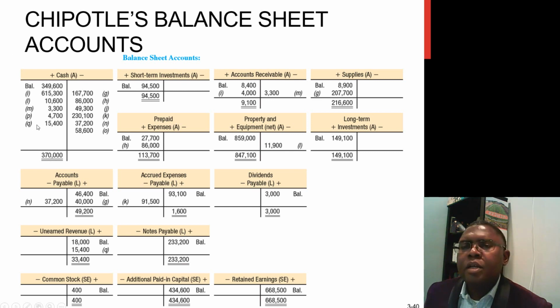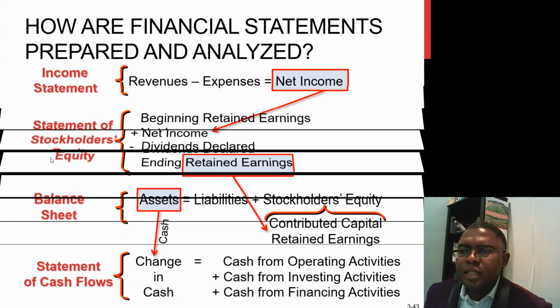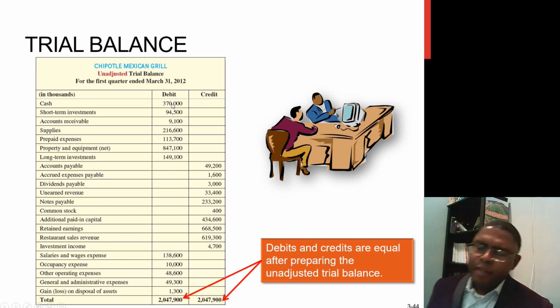So when we move this to the trial balance, under cash, we are going to put it on the debit side of the trial balance, 370,000. And we do the same for every account. So notice cash, 370,000. It was a debit balance, so it comes on the debit side of the trial balance.